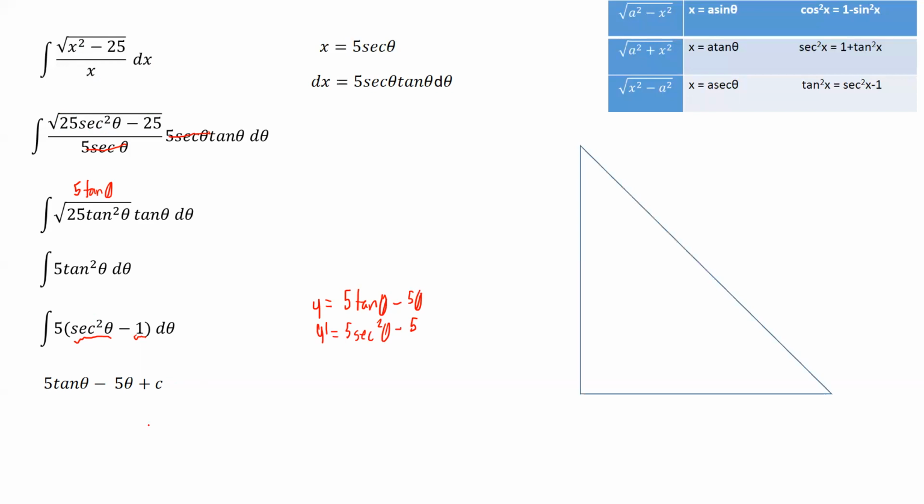To get back to our x, we draw a triangle, put theta in the corner, look at your substitution. x equals 5 secant theta. If you were to divide both sides by 5, we know what secant theta is.